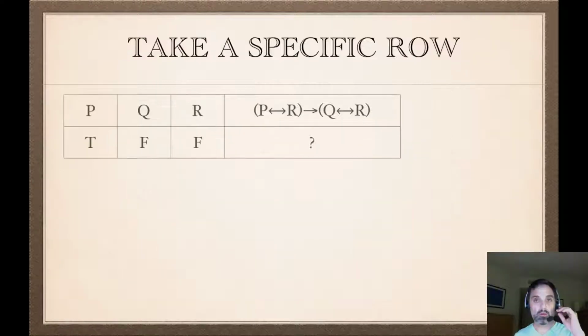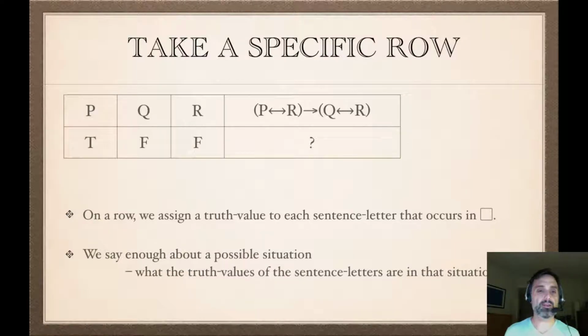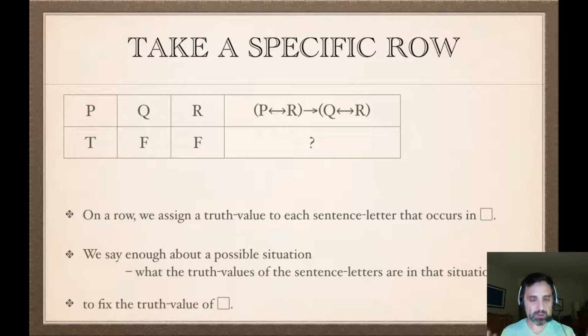So if we take a specific row, we assign a truth value to each sentence letter that occurs in our big sentence. And why do we do that? Well, we need to say enough about a possible situation, in particular, what the truth values are of the sentence letters in that situation, to fix the truth value of the sentence.